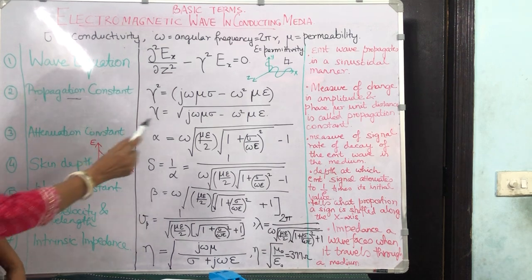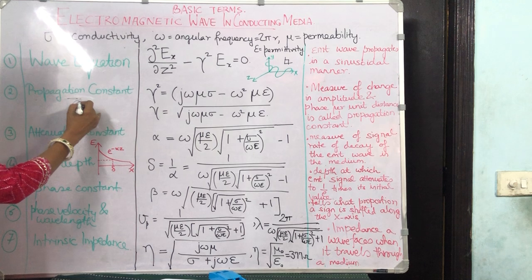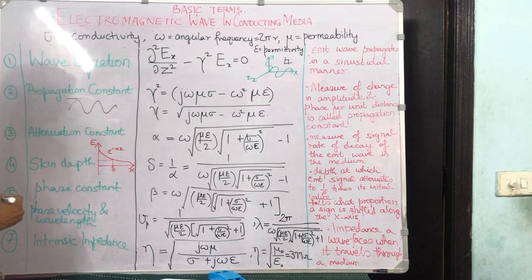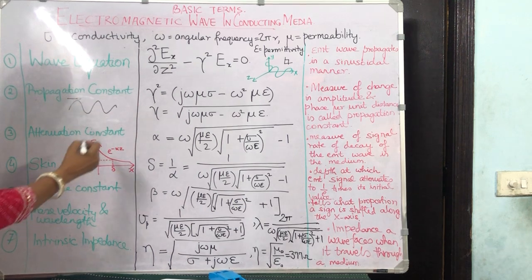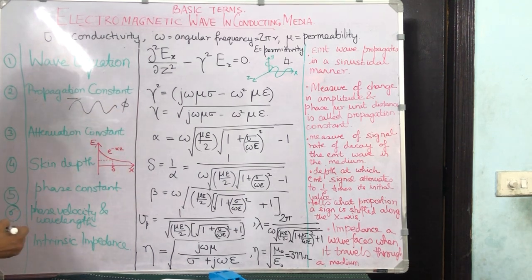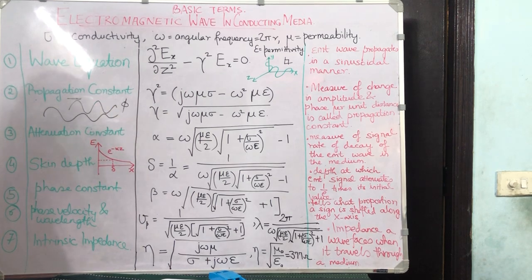It is a measure of change in amplitude and phase per unit distance. How much amplitude change and how much phase change has taken place when an EM wave is traveling in a conducting media.